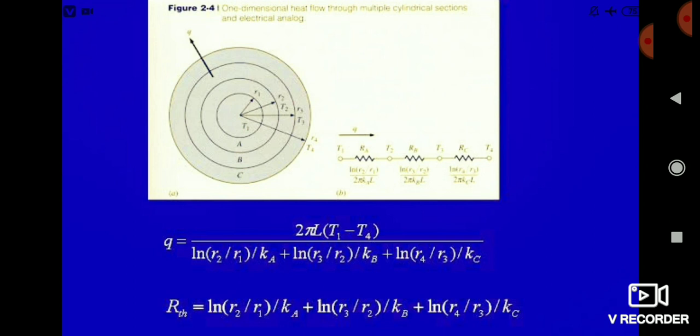I have told you initially that you have to visualize these cylinders in series form. So you can easily calculate the resistance: R net is equal to R1 plus R2 plus R3 up to Rn, a simple addition when present in series.